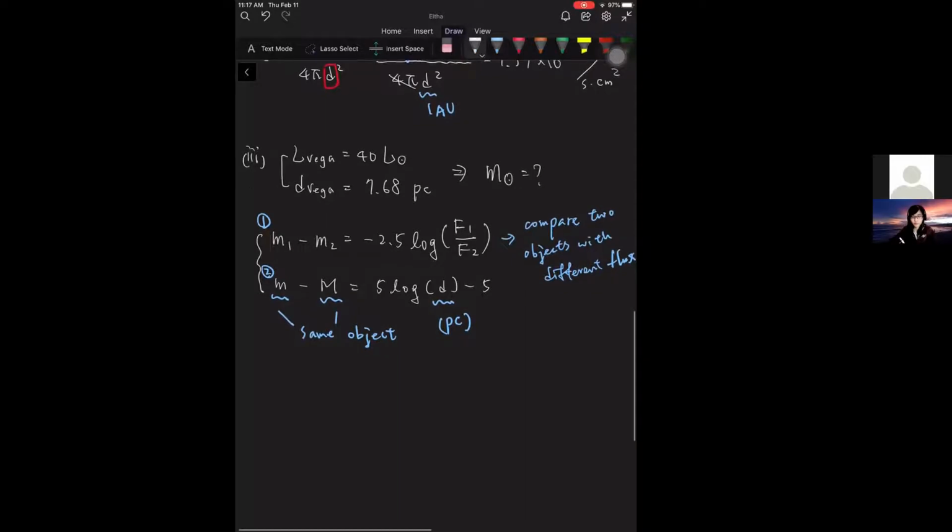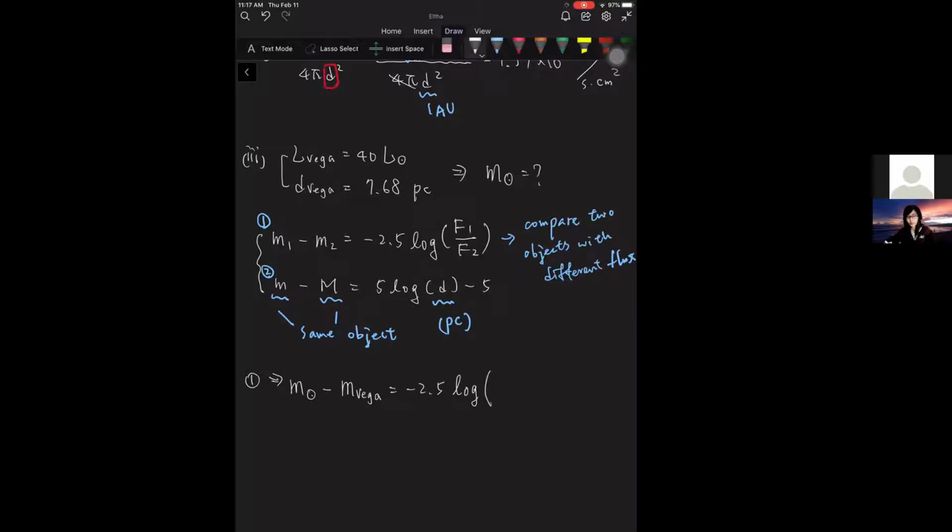From the first equation, comparing the sun and Vega, we take the apparent magnitude of the sun minus the Vega magnitude, which equals negative 2.5 log.